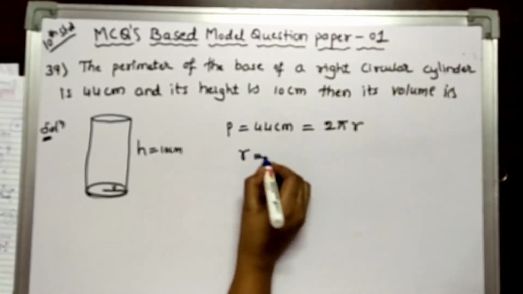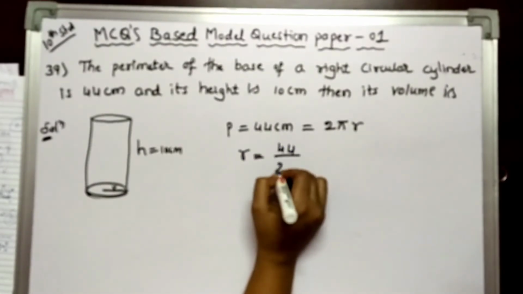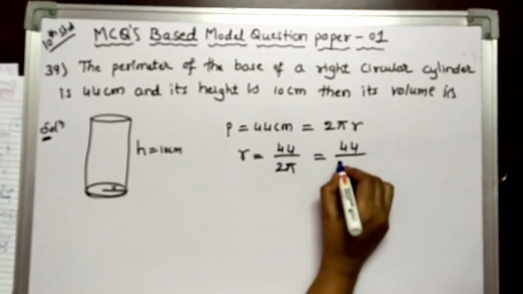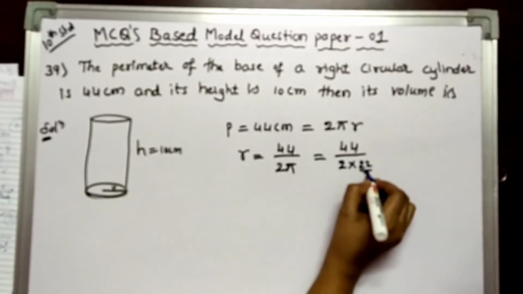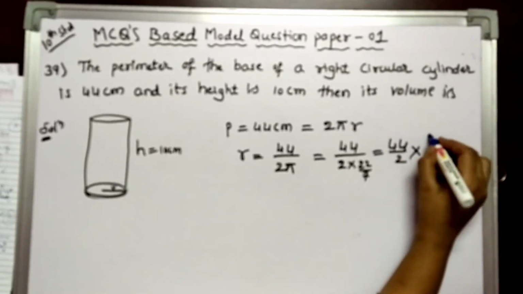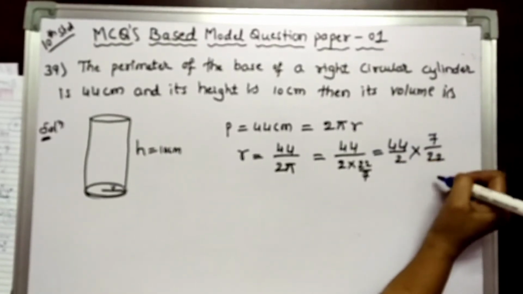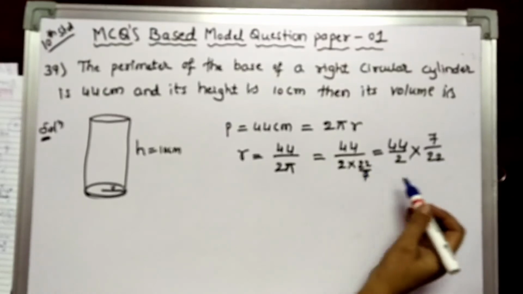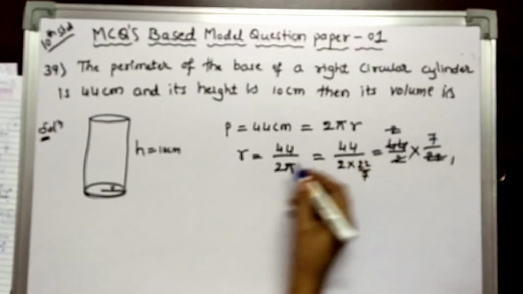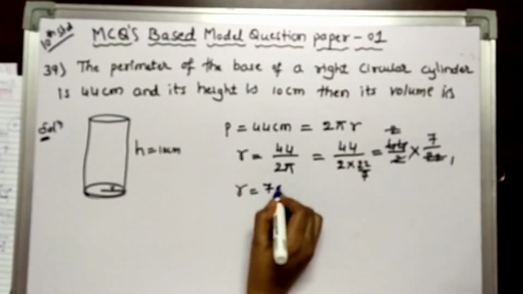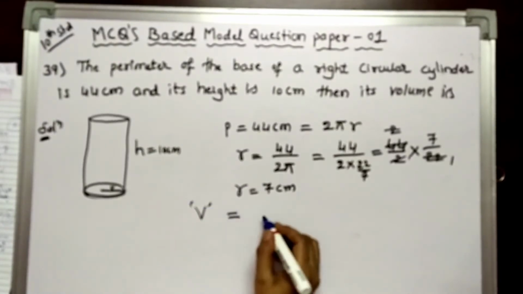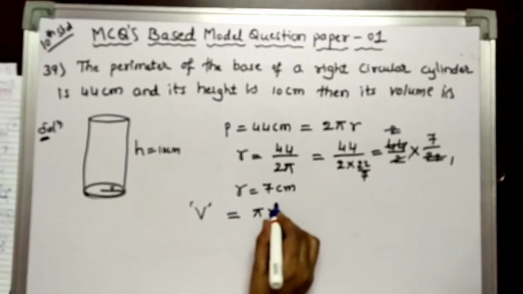So r is equal to 44 by 2 pi. So 44 divided by 2 into 22 by 7 is equal to 44 by 2 into 7 by 22. Reciprocal we have to take here. Then 22 cancels, 2 ones are 2, so the radius is equal to 7 centimeters. Then the volume of a cylinder is equal to pi r square h.